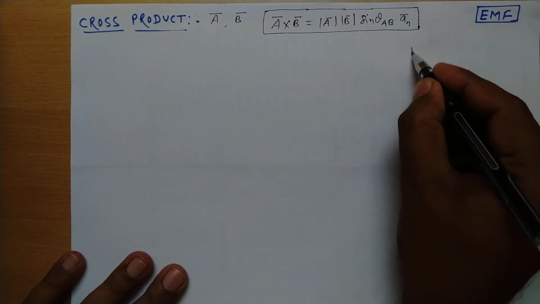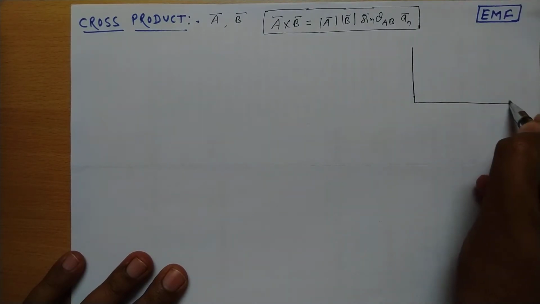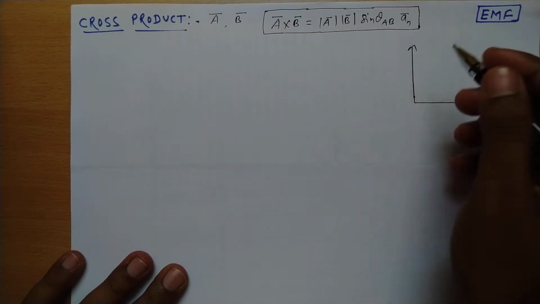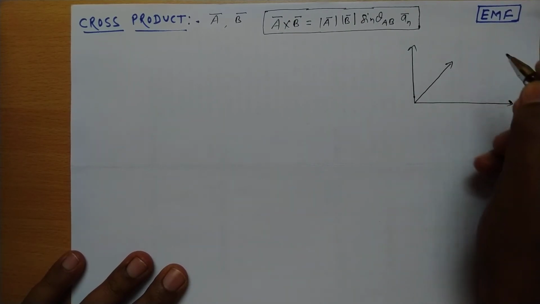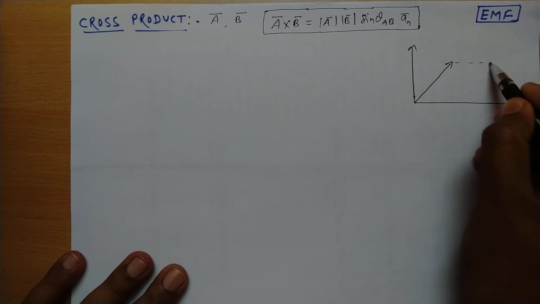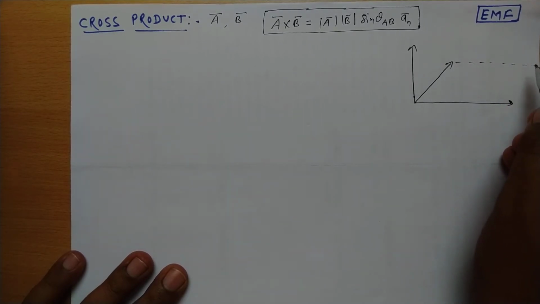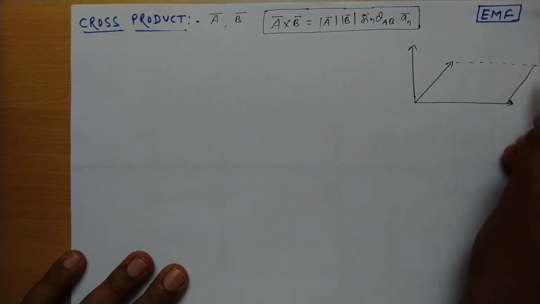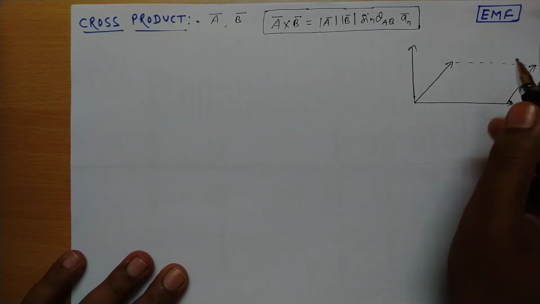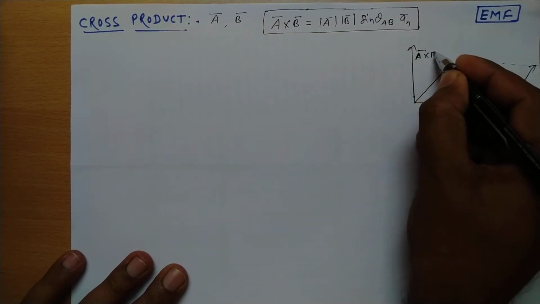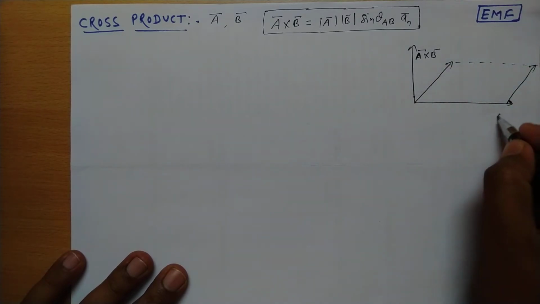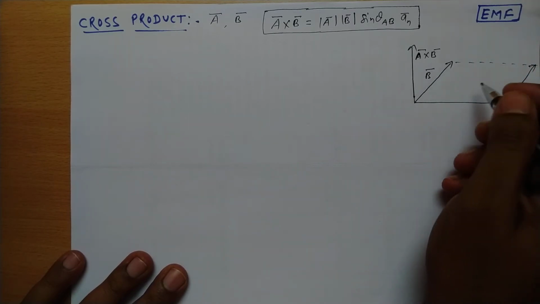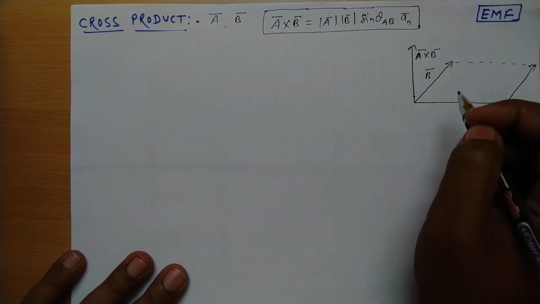Now let's see, if I draw a parallelogram in this fashion, I can say this is the cross product of the two vectors, A cross B, this is the vector A and this is the vector B. This whole area enclosed by vector A and vector B gives the magnitude of the cross product of these two vectors.